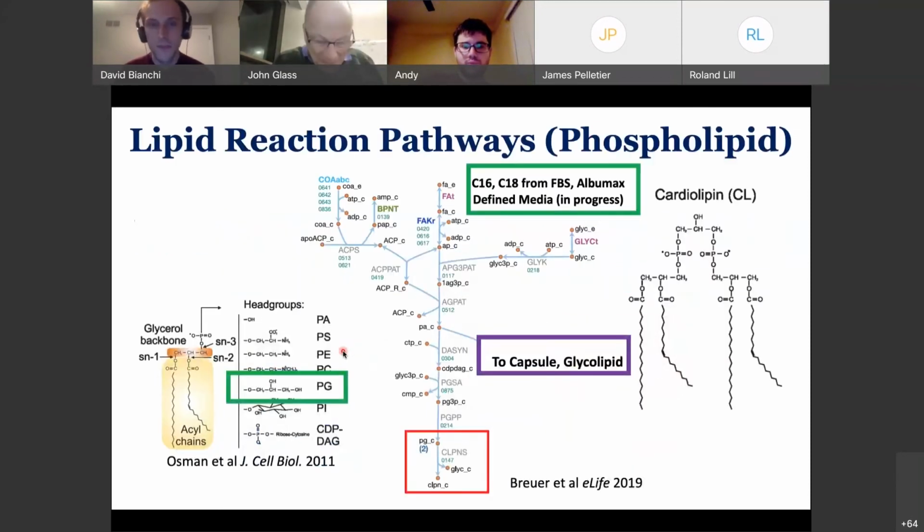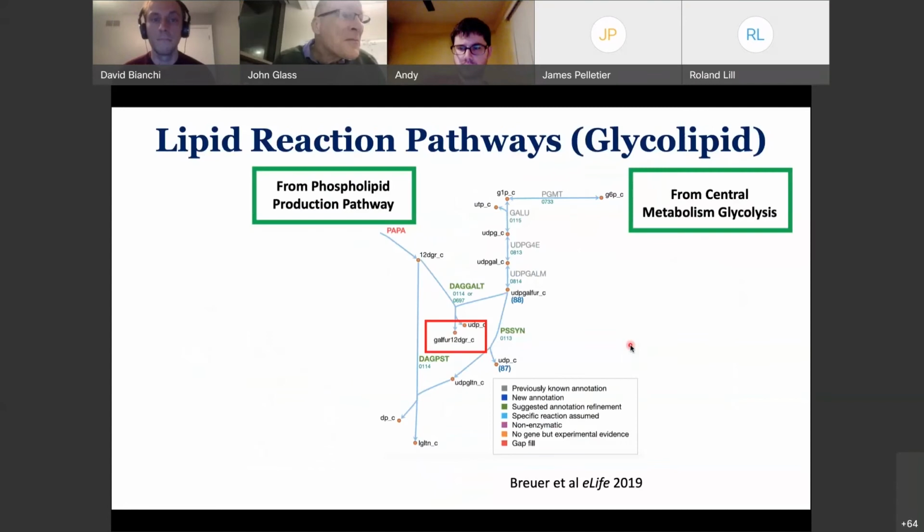And so the lipid pathway of Syn3A is relatively simple. We can take up fatty acids and glycerol from this FBS or Albumax knockout-based medium that many of you might be using, provided by Kim Wise, and we'll eventually use these products to produce lipids like phospholipids or glycolipids, like I mentioned before, as well as just taking up certain lipids directly.